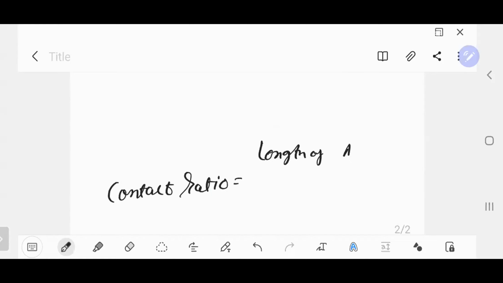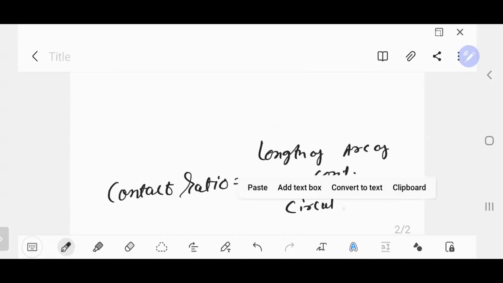Length of arc of contact divided by circular pitch. See, do not start the numerical. Yes, online and offline both, just observe the screen. I have started this numerical from the bottom side so that you can understand how to proceed.